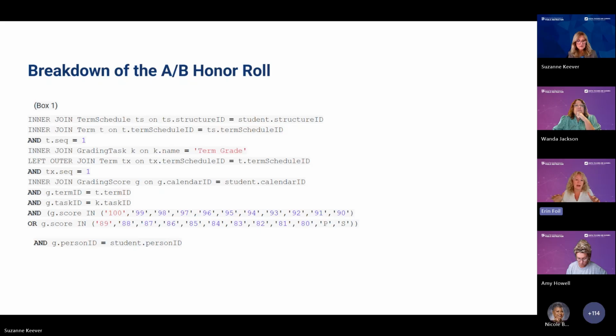You just have one ad hoc called A honor roll, and it will return values based on the context selected in the upper right hand corner, just like any other ad hoc you run.